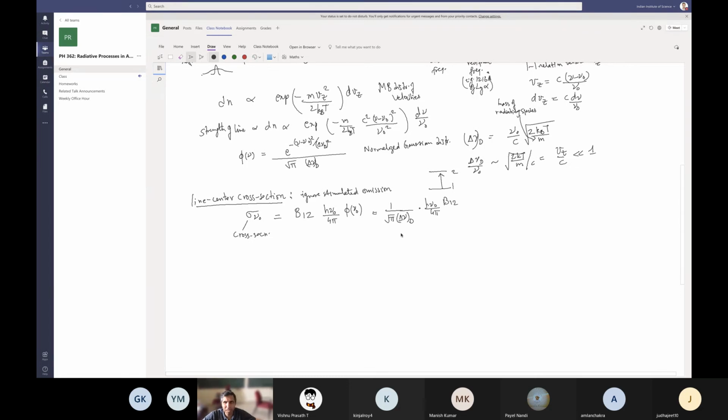And we know that delta nu D is nothing but nu naught V thermal by c, so 1 by square root of pi times nu naught V thermal by c, times h nu naught by 4 pi B12.